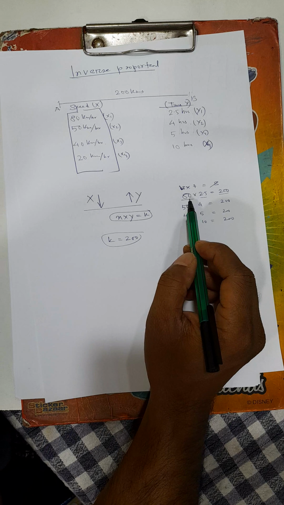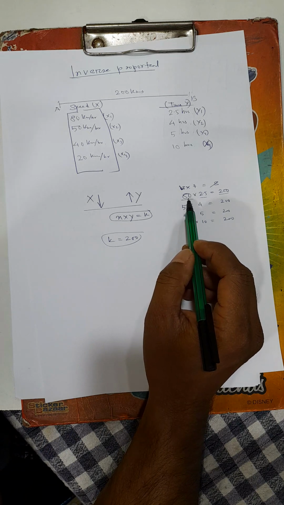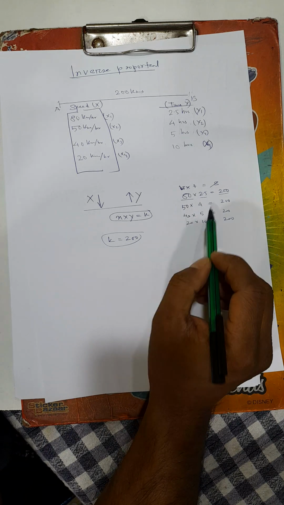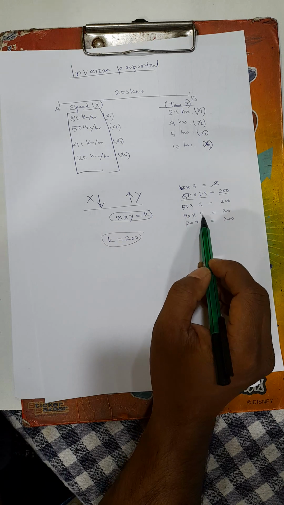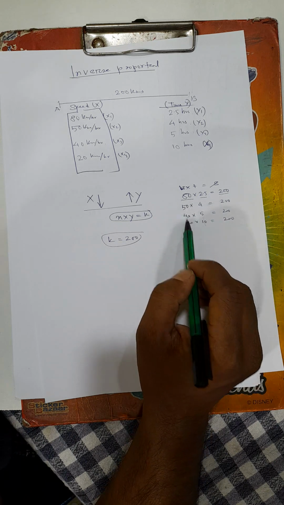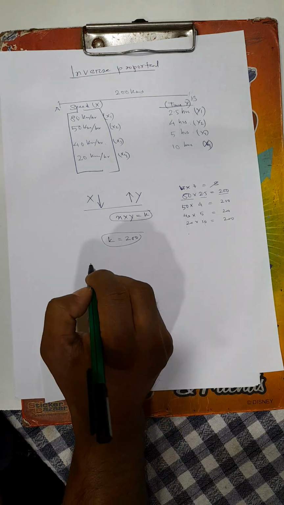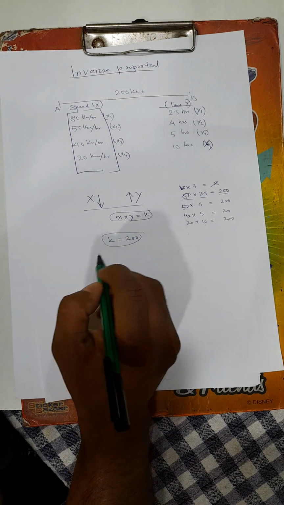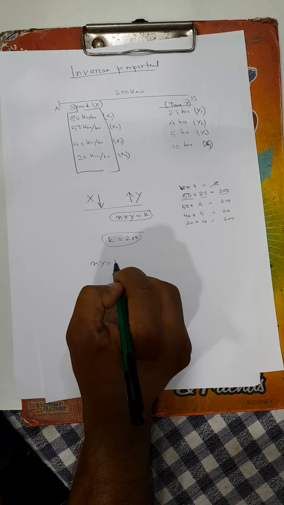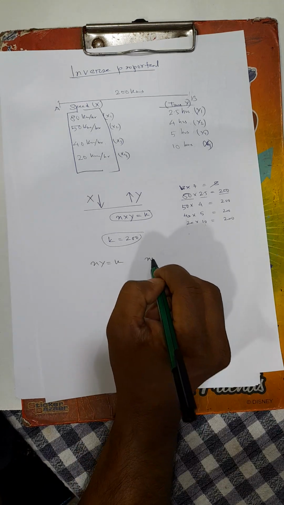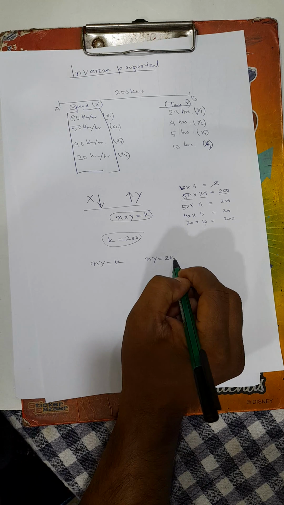So the values of x are decreasing, and the values of y are increasing. v is decreasing, t is increasing. So in this particular case, we find x into y is a constant, or xy equals k. In this particular example, xy equals 200.